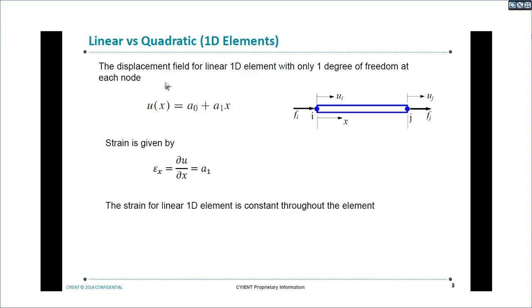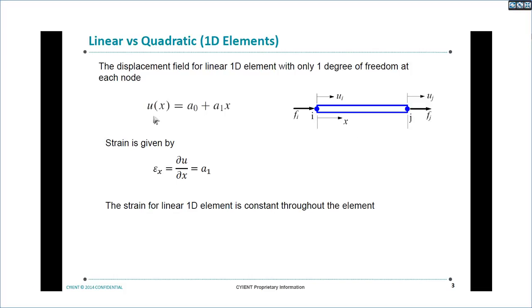Let us look into the formulation of a 1D linear element. Typically the displacement field will be given as u(x) equals a0 plus a1x. So this is a linear 1D element. It will have only two nodes, i and j, and it is dependent on only one dimension, that is x.